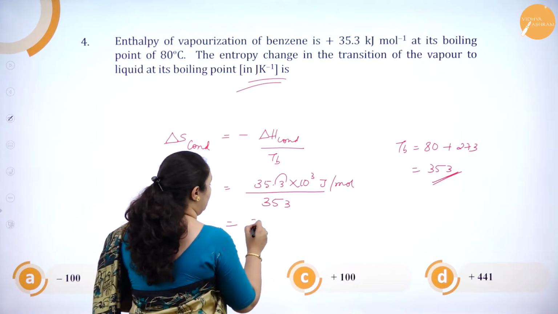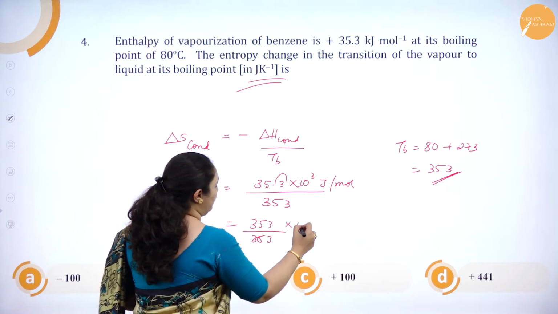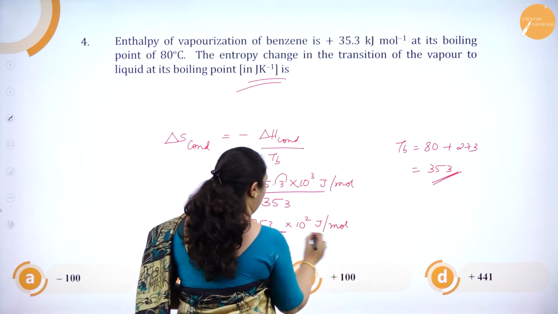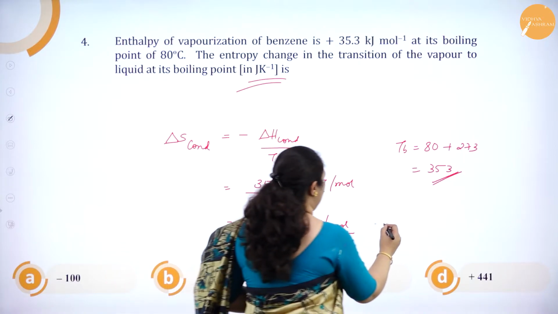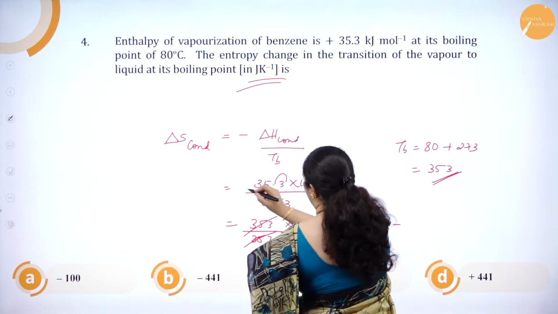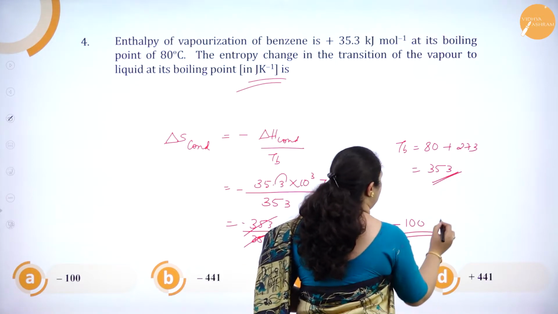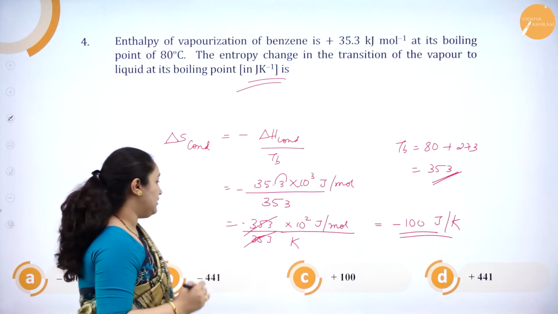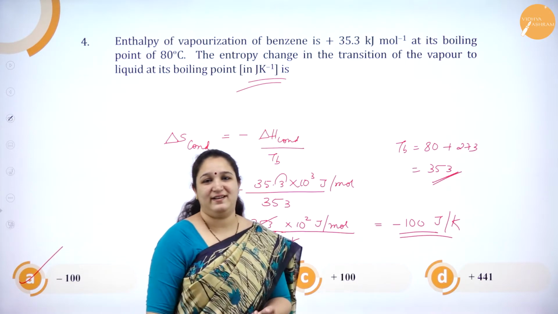So 353 by 353 into 10 to the power 2 joule per mole here, and Kelvin here. So this gets cancelled. We have forgotten the negative sign. So 100 joule per Kelvin is the answer, so it is minus 100. Option A is the right answer.